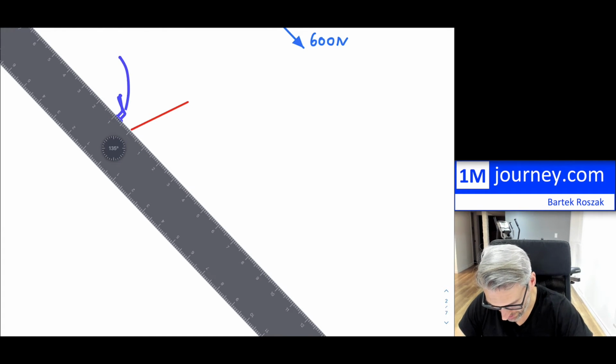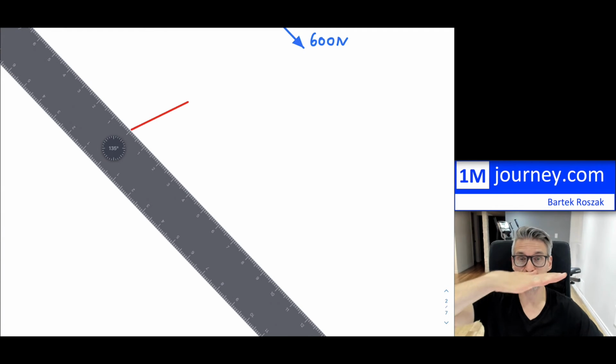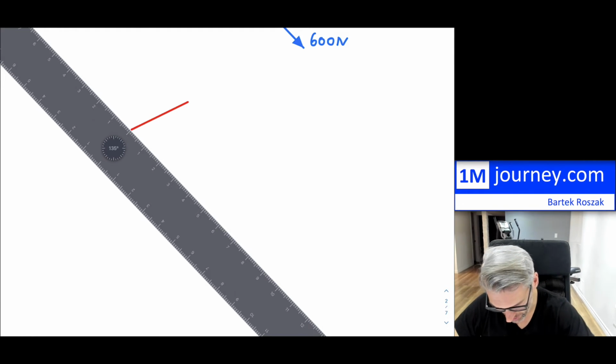That's the protractor that I have. It's not letting me because of the ruler. There you go. So that's at 135, which basically means that it's 45 degrees, right? Because that's 180, and then 135. If you subtract, you're going to get your 45-degree angle.